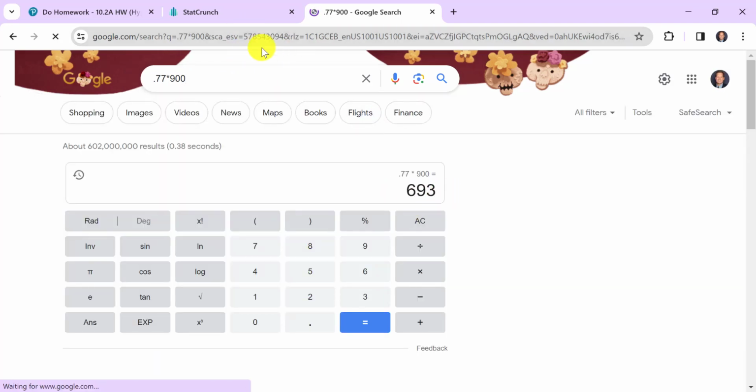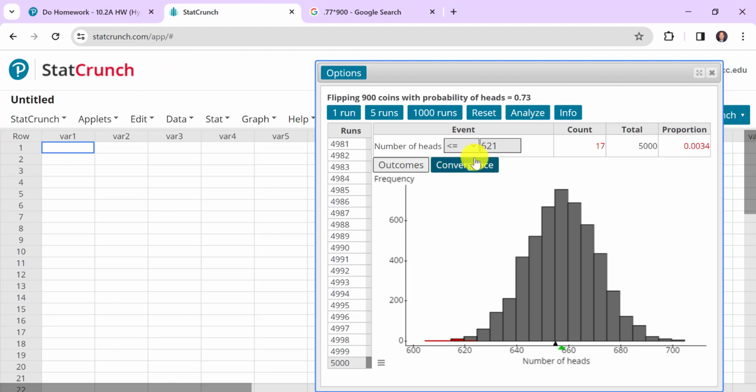So now, if we do this run, now we're also going to check, hey, what if it's greater than or equal to 693? And that happened 17 times. So that's another 0.0034. So 693 or above happens 17 times out of 5,000.